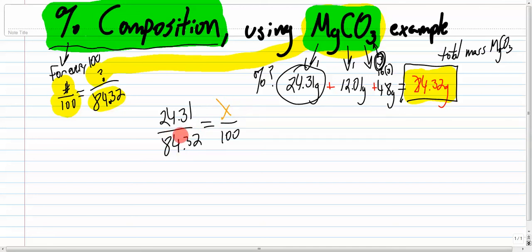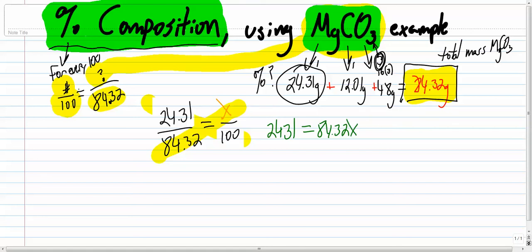If I cross multiply this and this, I get 2431, because that's 24.31 times 100, and that equals 84.32x.